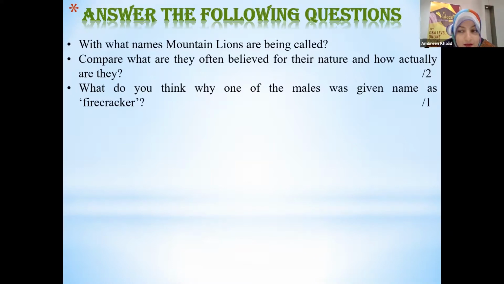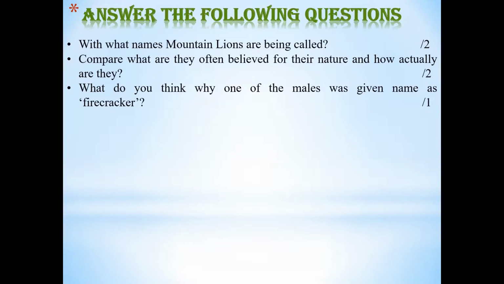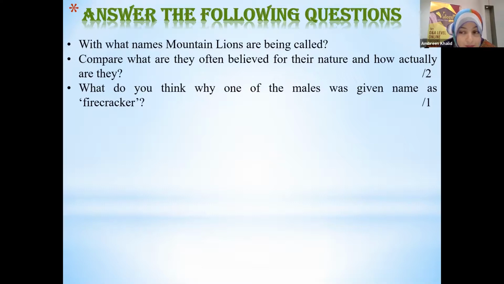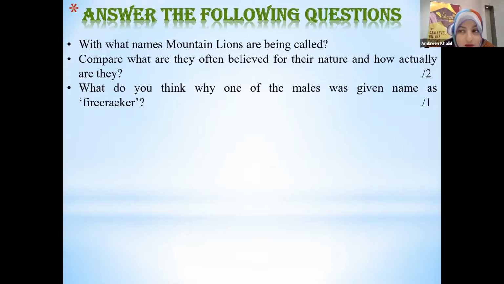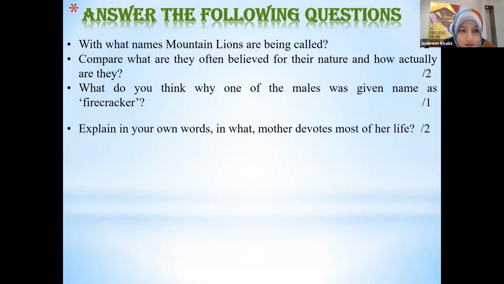Naughty. Okay, you are very near. What do we call naughty? The same meaning, a word starting with N. Nasty. No, not nasty. It's notorious. Have you heard this word? Yes. Notorious. Okay, so the kitten must be very notorious. Okay, next question.